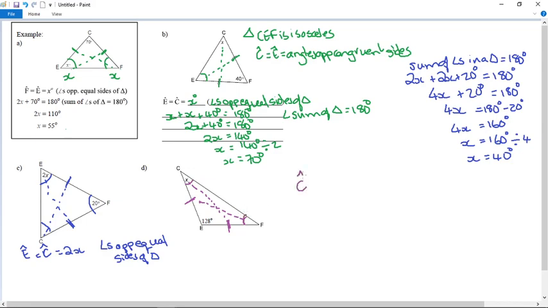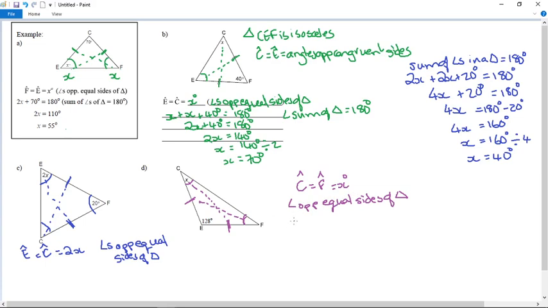So angle C equals angle F equals x degrees. And we write the reason. It's the angles opposite equal, or congruent, if you want to write congruent, sides of a triangle. Okay, so angle C equals angle F, which equals x degrees.